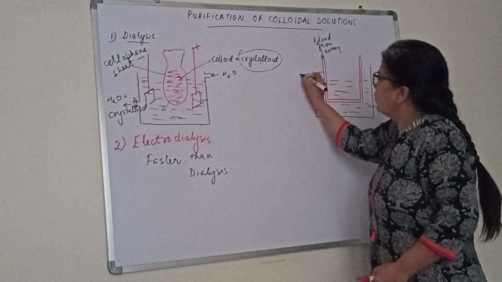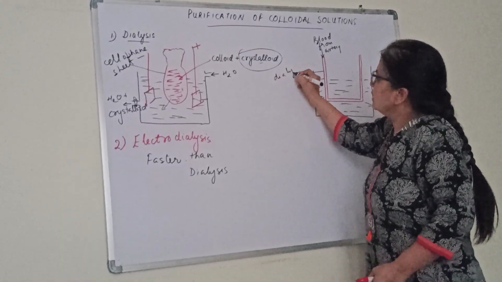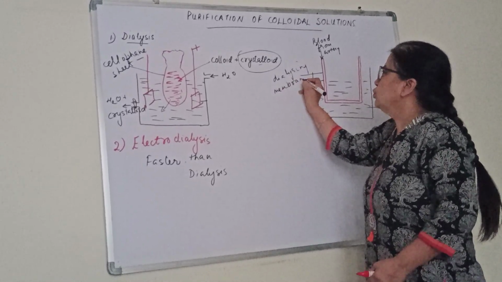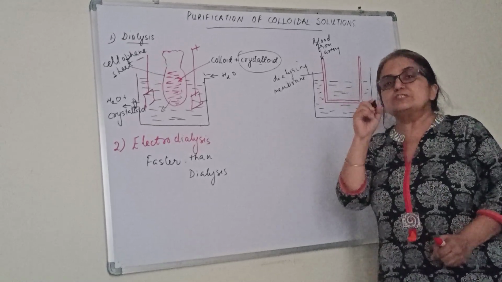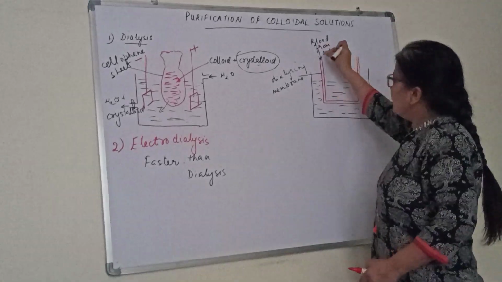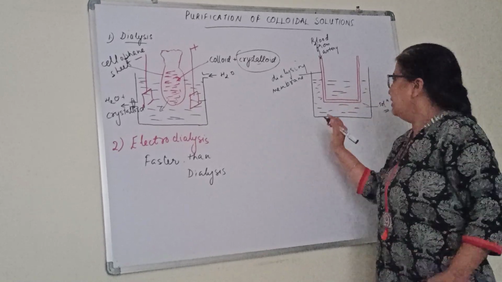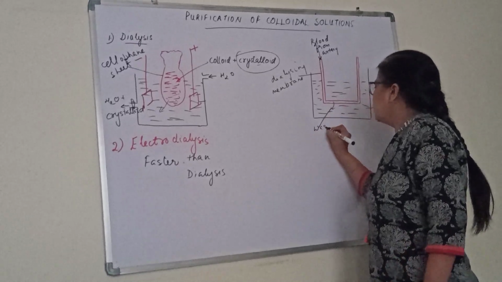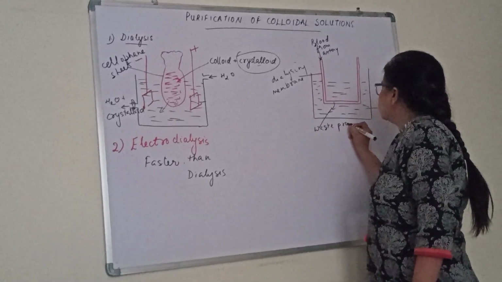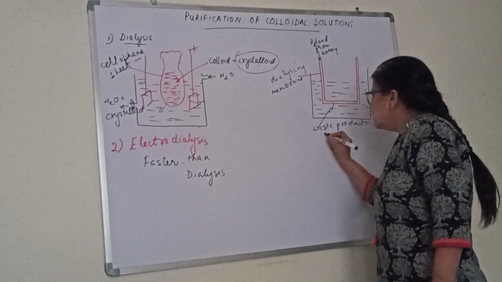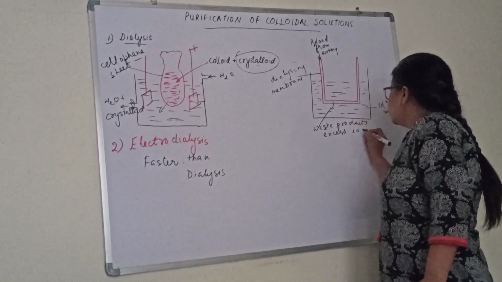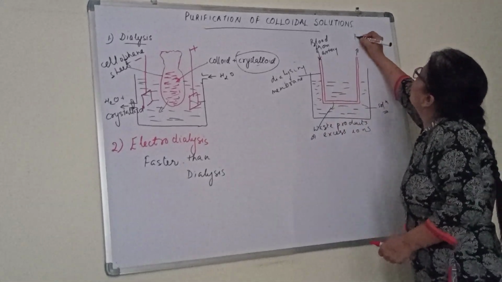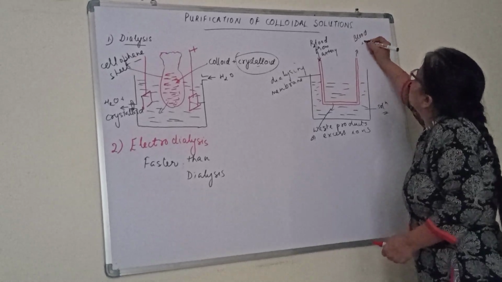This tube is made up of the dialyzing membrane. That membrane will not allow colloid to pass through it, and will allow only smaller ions, crystalloids, to pass. So when blood is passing through this membrane, those unwanted products, that is the waste products or excess ions, pass out of this, and the blood which is coming out is sent into the veins.